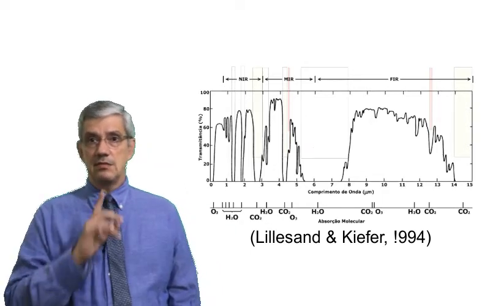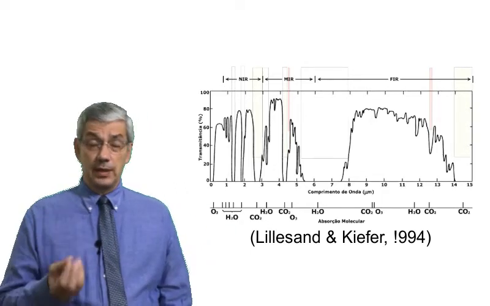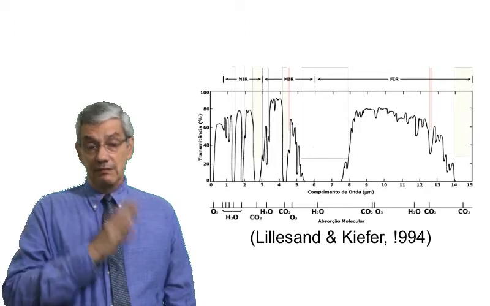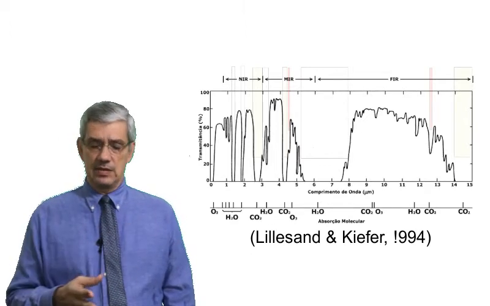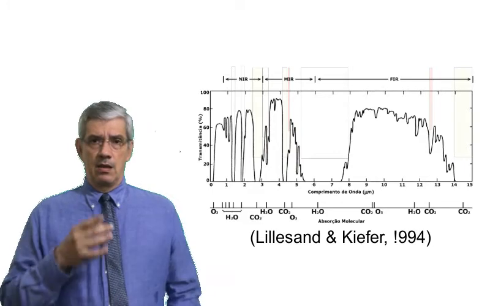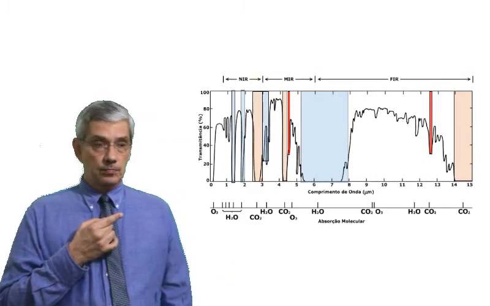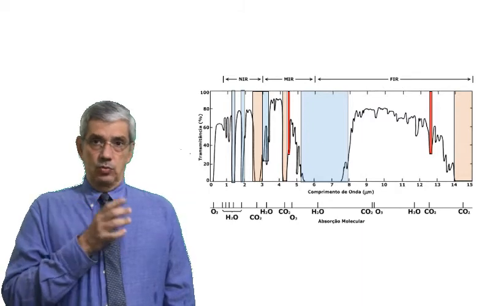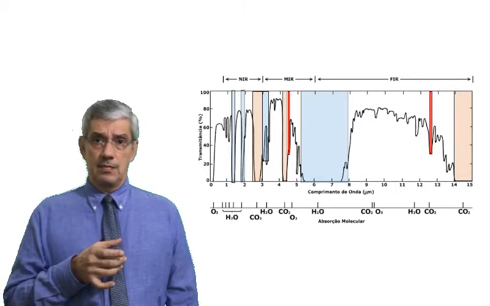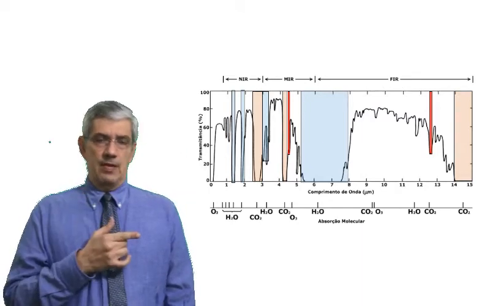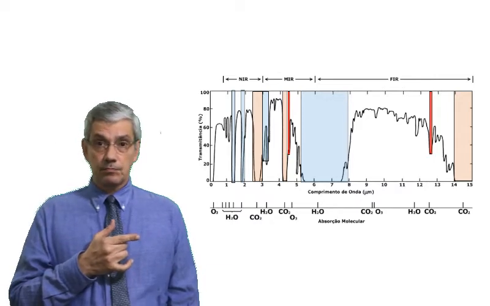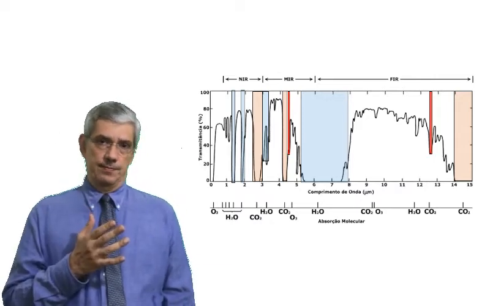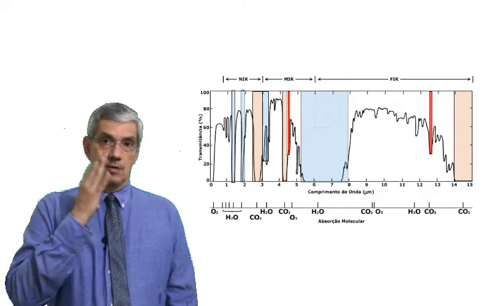And it's interesting to see why it is opaque to the wavelength in certain ranges. Look at the picture. You see some blue rectangles, some orange ones, and some red ones.